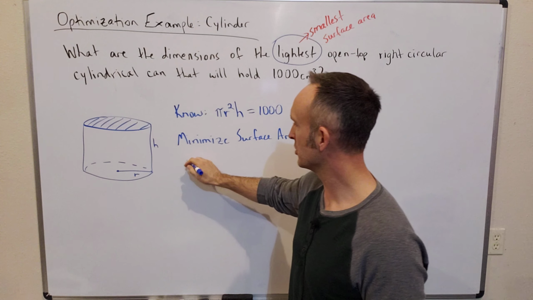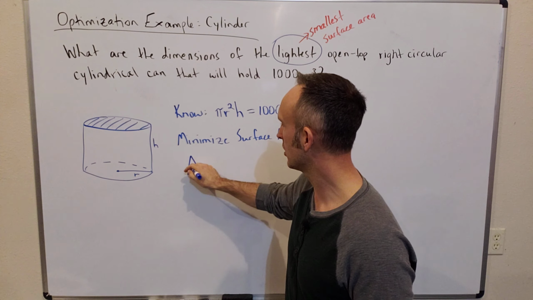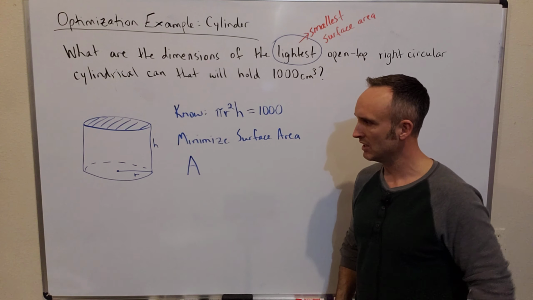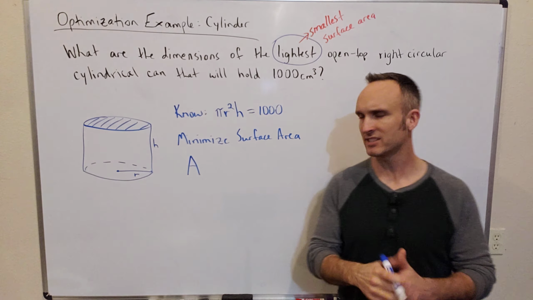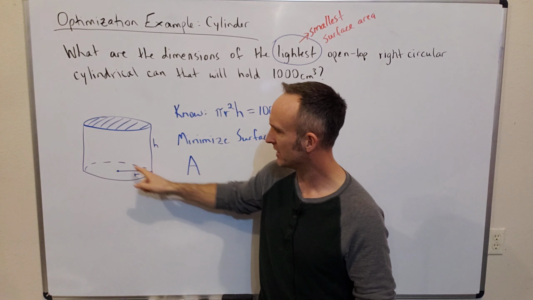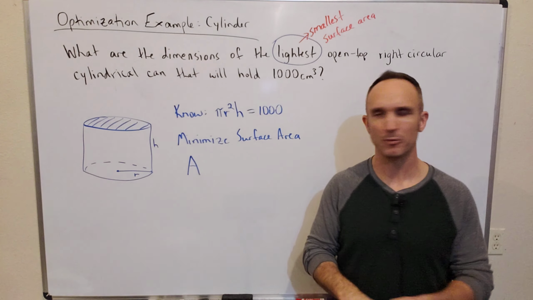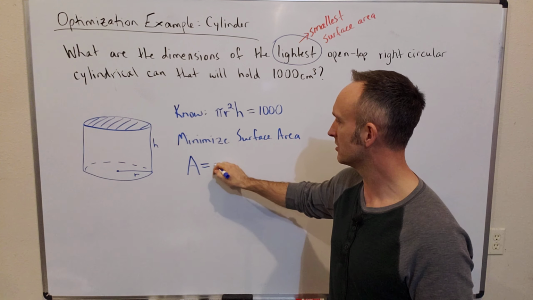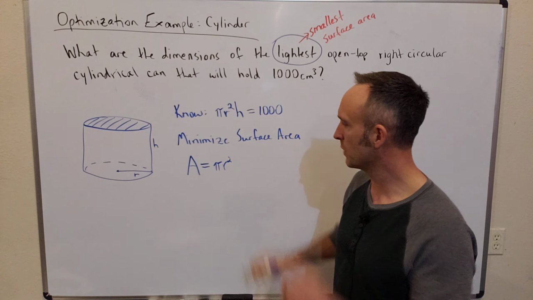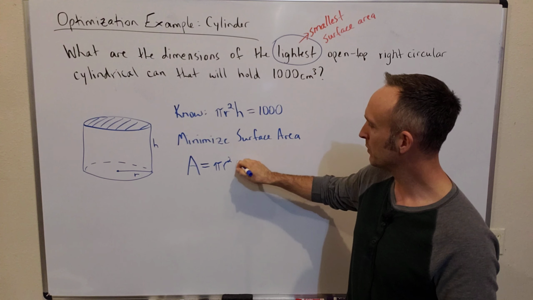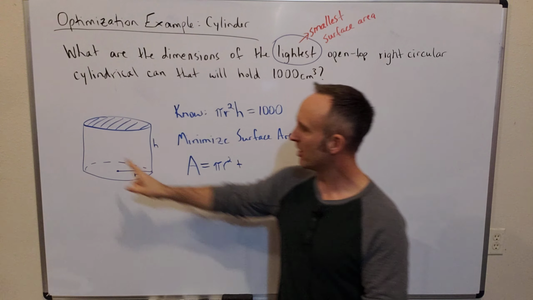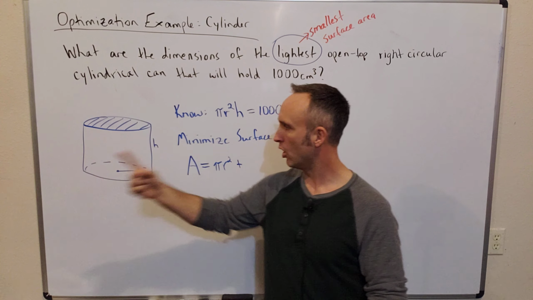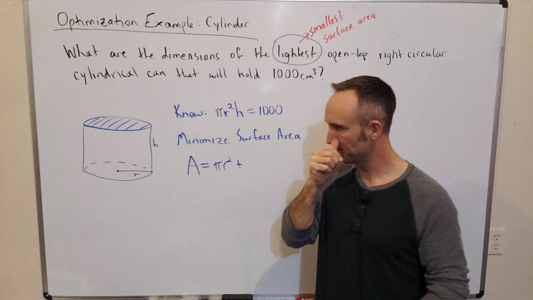So we'll call that function for surface area, we'll call it capital A. And there's really two surfaces to this can. We've got the bottom of the can, there's an area that's going to be made from this material. And we already know that the area of the bottom, since it's a circle, is pi r squared. But then we have to add the area of the wall that wraps around the can.